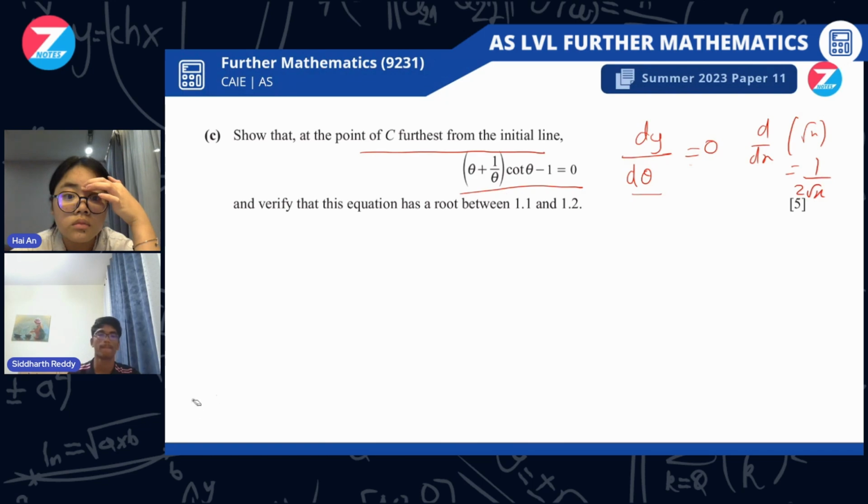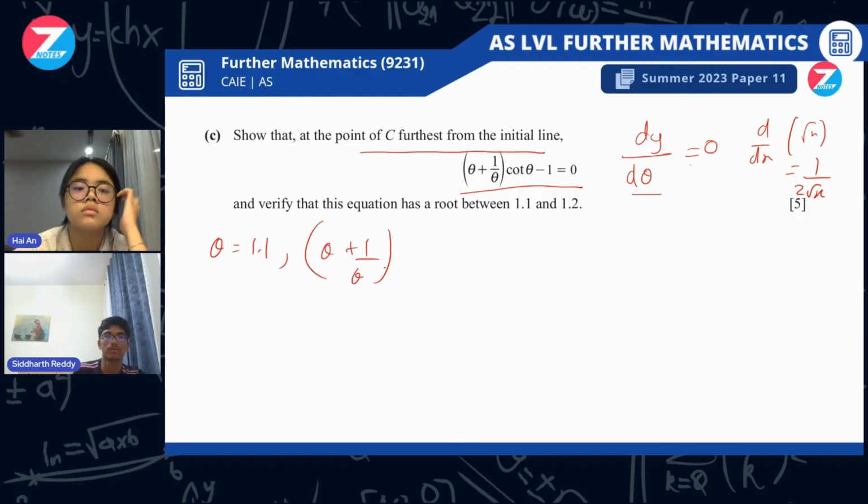So for theta equal to 1.1, theta plus 1 by theta of cot theta minus 1 is equal to, let's check that, 1.1 plus 1 by 1.1 into 1 by tan of 1.1, and this is also minus 1.